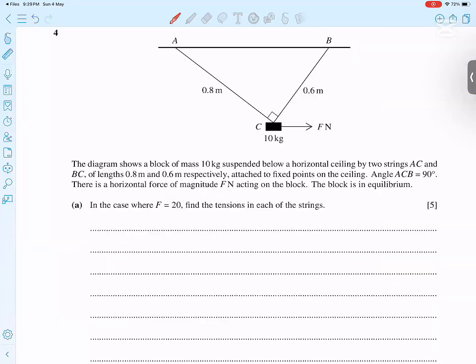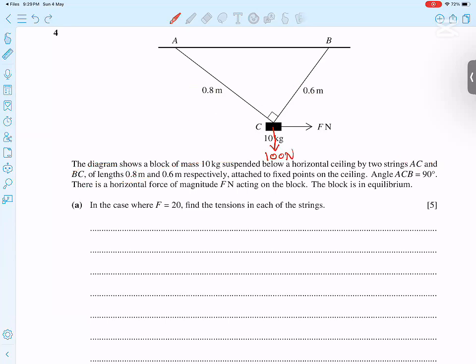Question number 4, students, we have. And what a question. We have mass 10 kilogram. You can see. Okay. And when mass is given, we can find the weight component by multiplying by gravity value 10, it becomes 100 newtons. Okay, and strings AC and BC, and length is mentioned by him. You can see in the diagram.